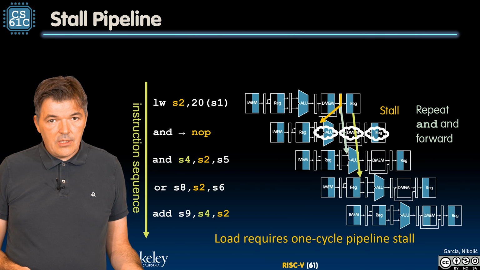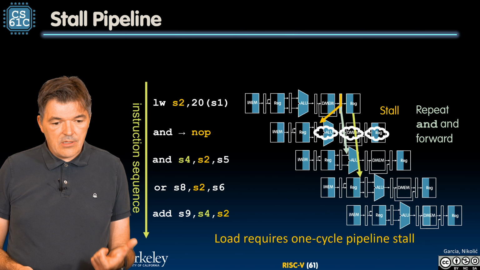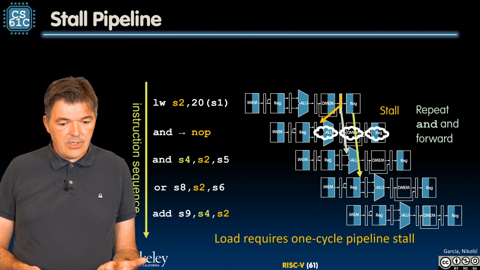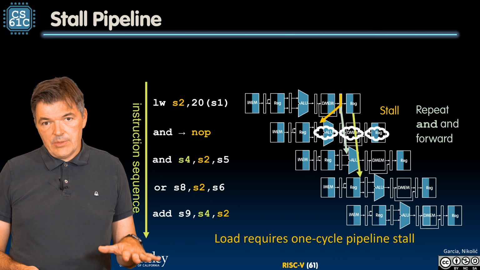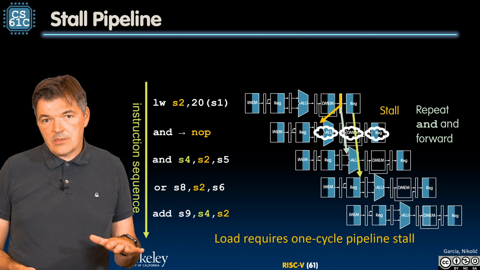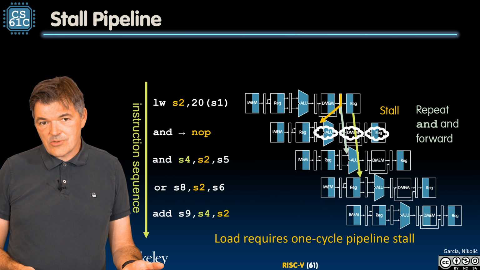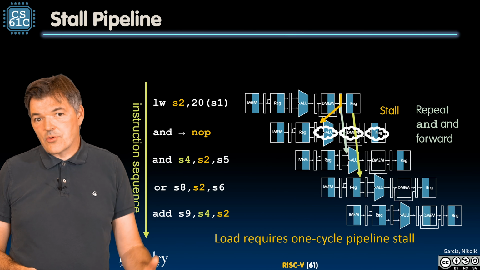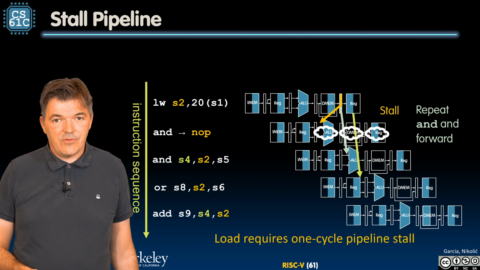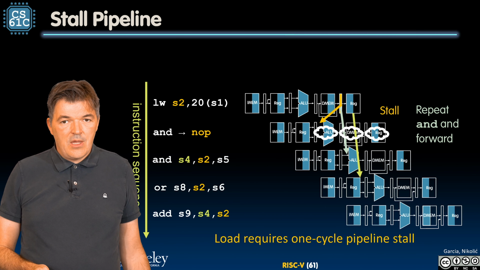So in quick summary, in order to handle the load data hazards, we have to have a one cycle pipeline stall implemented in hardware that prevents completion of the instruction, does not update the processor state, and forces re-execution of the following instruction.